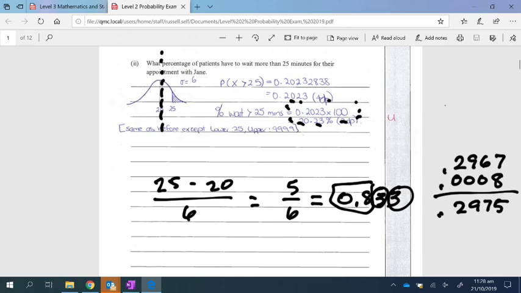So we have to compensate for that bit that we're not going to use. So we found this. So what we want is this area, right? But we've found this area, the part that touches the mean. Is that the part we want, though?